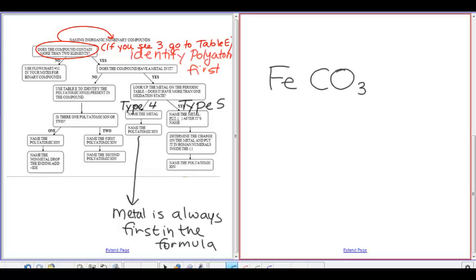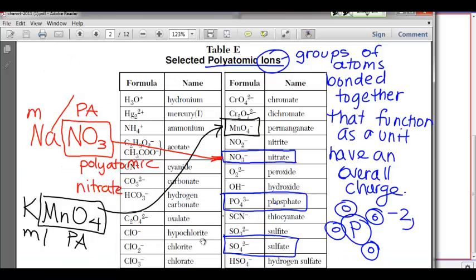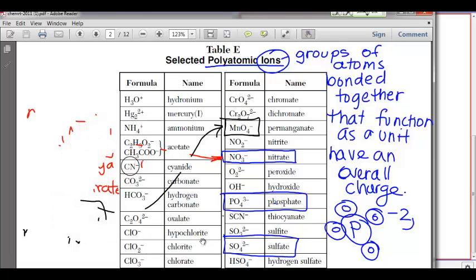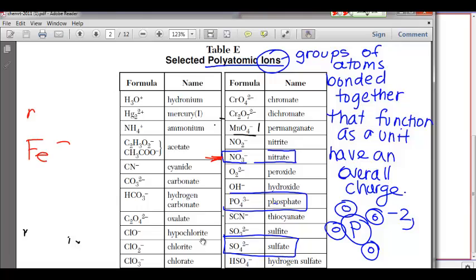For example, let's say we had something like FeCO3. I see 3, that means I go to table E and first identify what my polyatomic is. Okay.